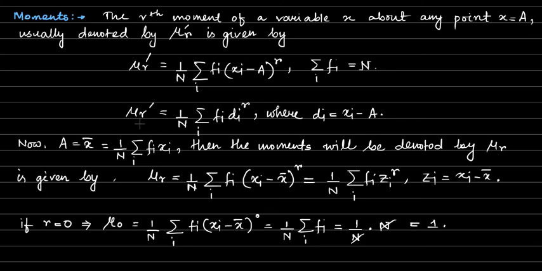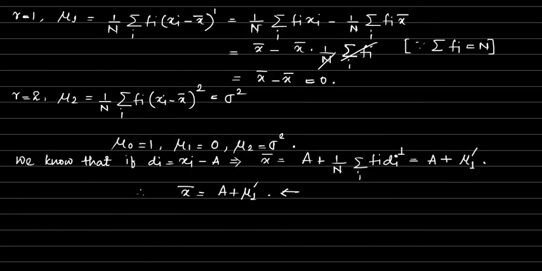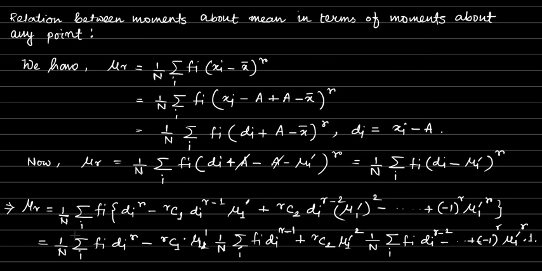So we can write this summation in terms of mu r dash. If we now replace these summations in terms of mu r dash, this is nothing but mu r dash, and this will be mu r minus 1 dash.